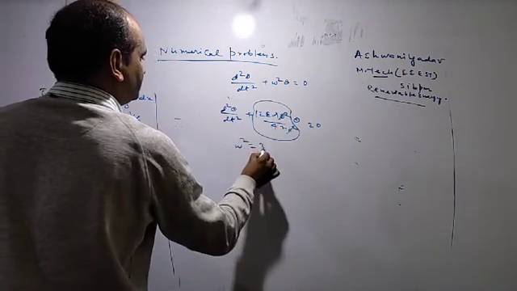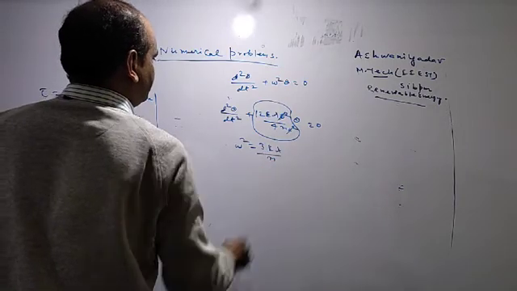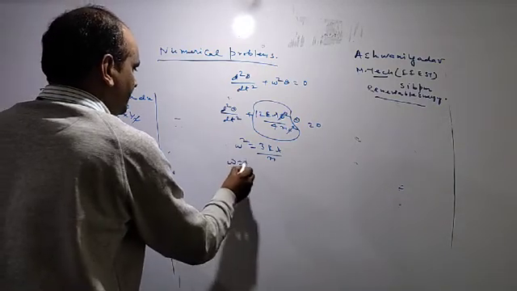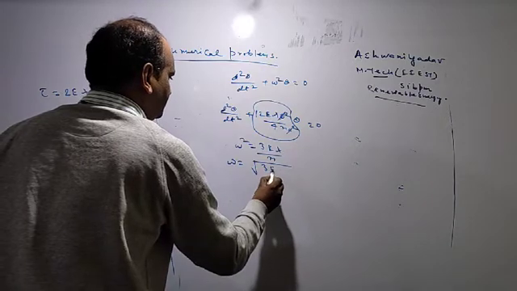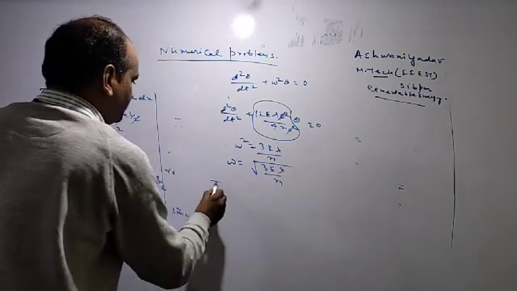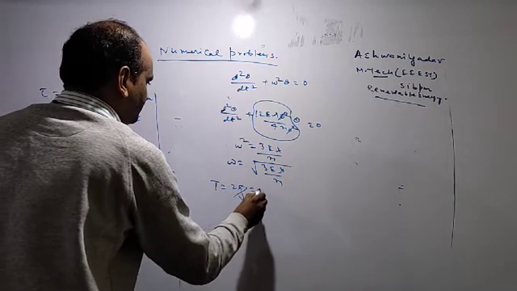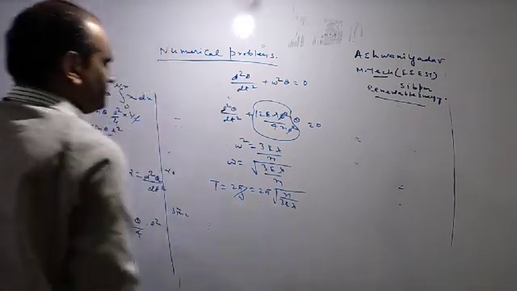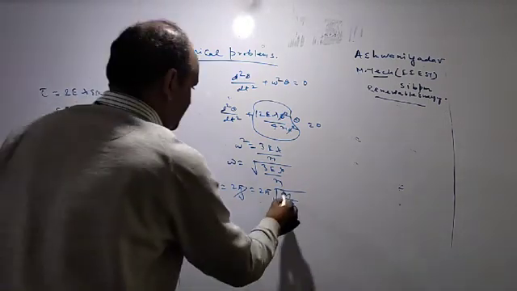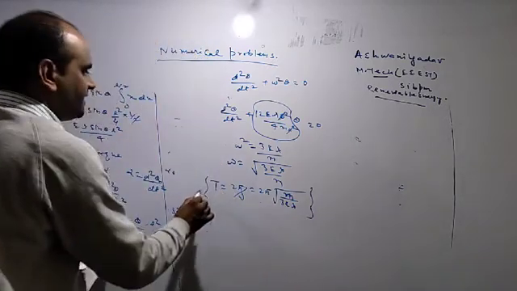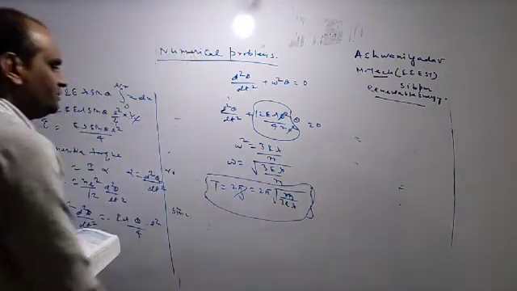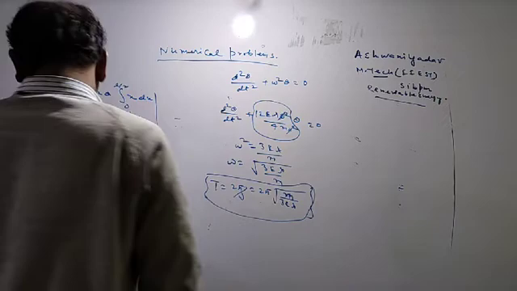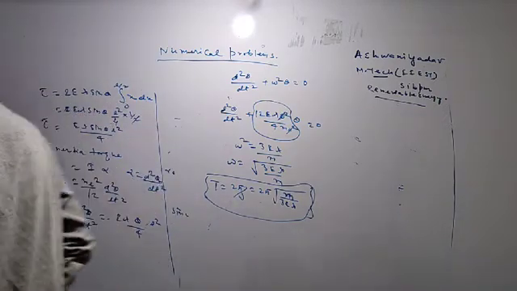So omega square is equal to 3E lambda by m. So we have the angular velocity. Now the time period is 2 pi by omega, that is equal to 2 pi under root m by 3E lambda. So this is our desired time period. So now the answer is available to you. Well, I think it's over now. We can solve other problems.